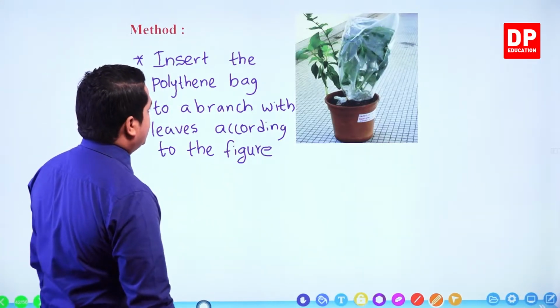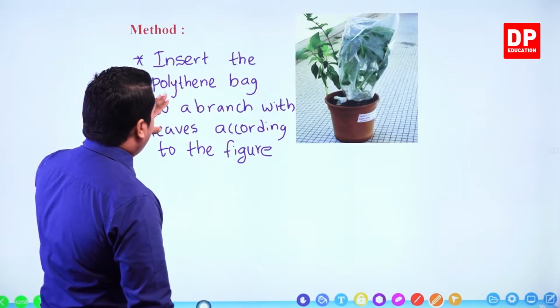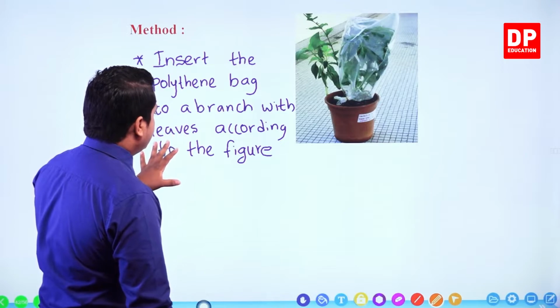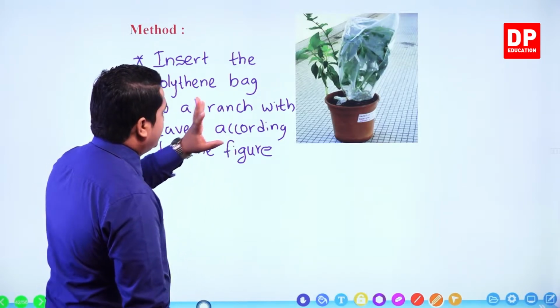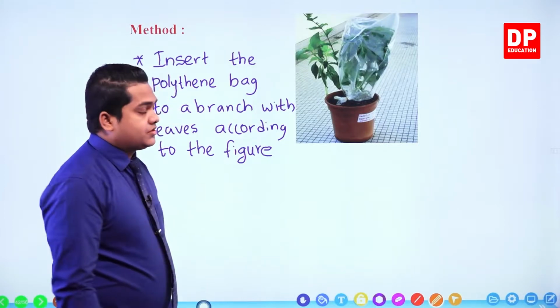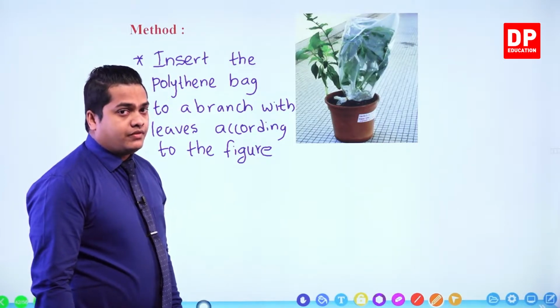We need to insert the polythene bag to a branch according to the given figure.